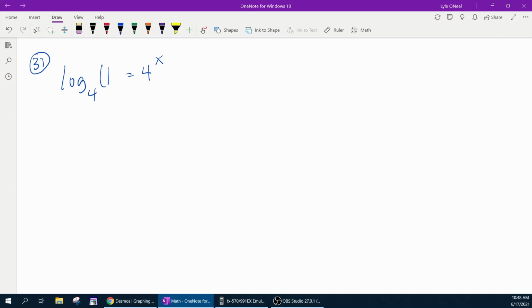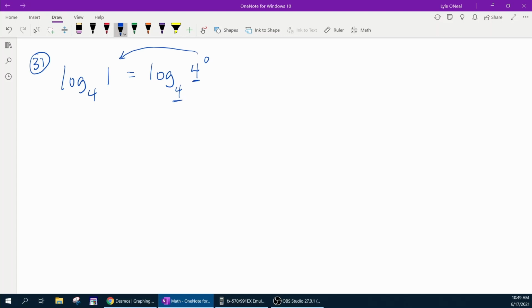And the answer is yes. Yes, we can express that as 4 to some power. So we can say log base 4 of 4 to the 0. Remember that any non-zero number raised to the 0 power is 1. So 4 to the 0 is equivalent to 1.